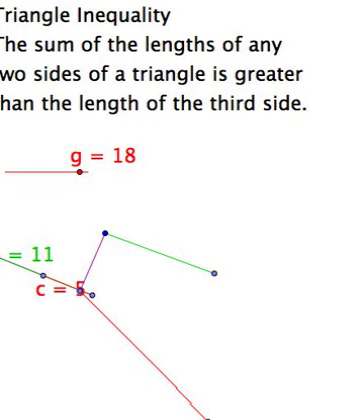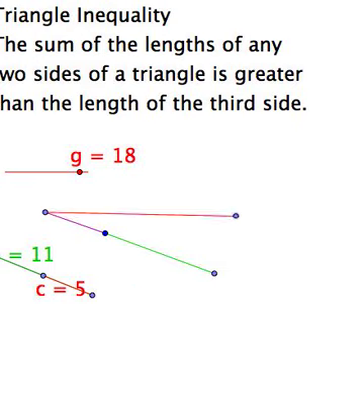Even if we swing it out as wide as we can make it, even with a straight line, it still ends up a little bit short of making a triangle. So in this case, not possible.